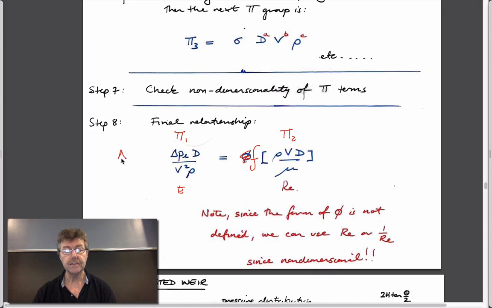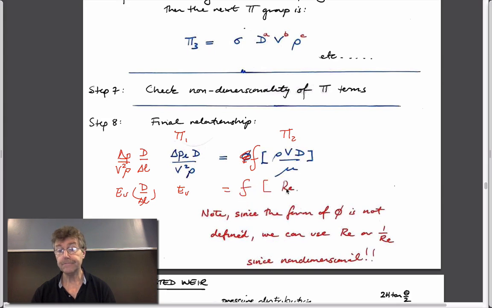This is delta P over delta L, d over v squared rho. So this is Euler number times diameter to length ratio equals some function of Reynolds number.